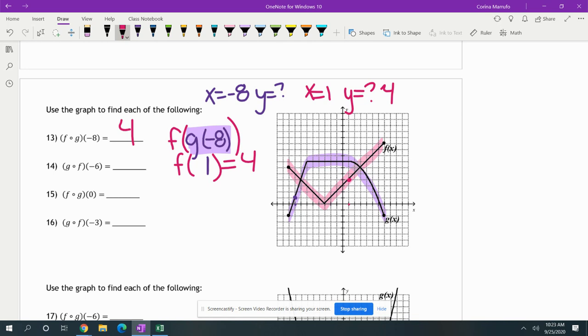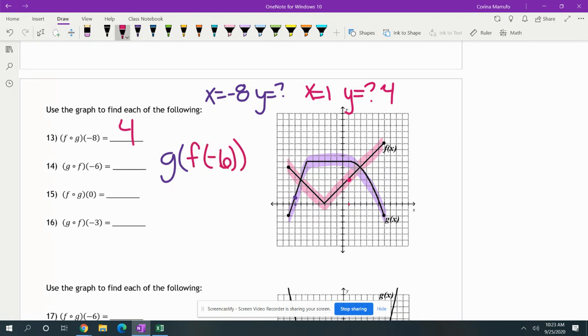So let's see, G composite F of -6. I'm going to erase my work here. Sorry. So on here, we have G of, oh, G is purple, not pink. G of F of -6.